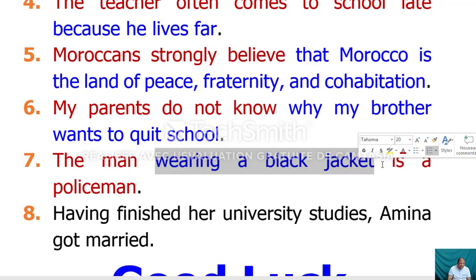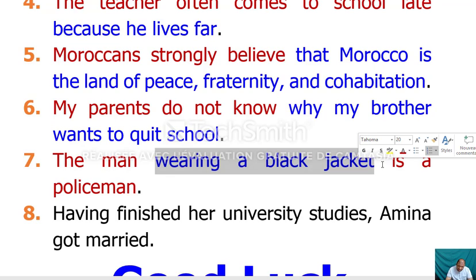How? If I say "the man who is wearing a black jacket is a policeman", you see, "who is" is omitted. Therefore, what remains? Just the phrase.